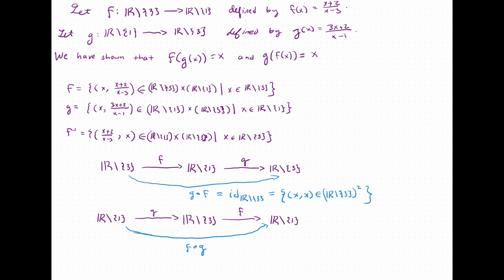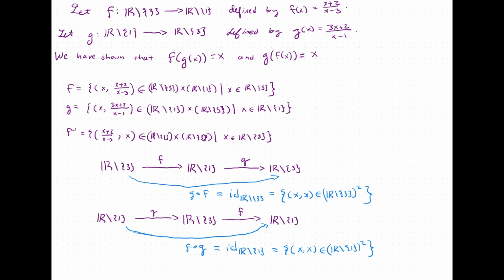So x comma x is in this Cartesian product, and similarly, f composed g is also an identity relation, but now the identity relation on the real numbers minus 1. And so now this is x comma x in the Cartesian product of that set with itself, so R minus 1 quantity squared. And so we got this here.